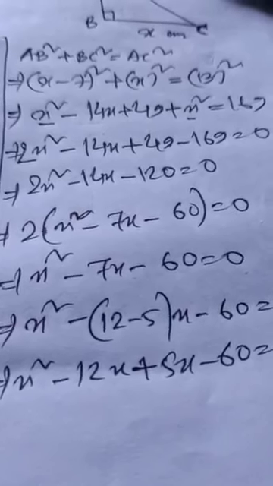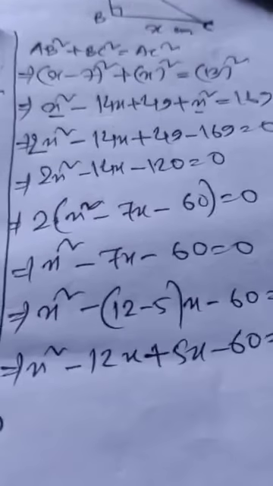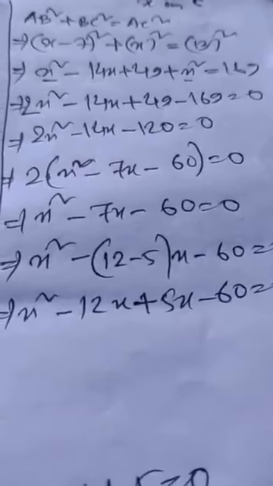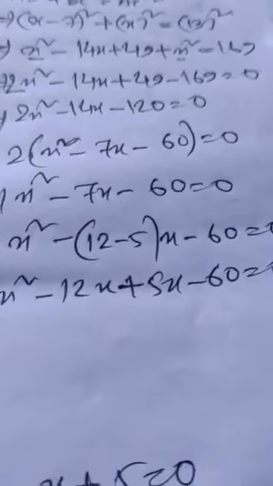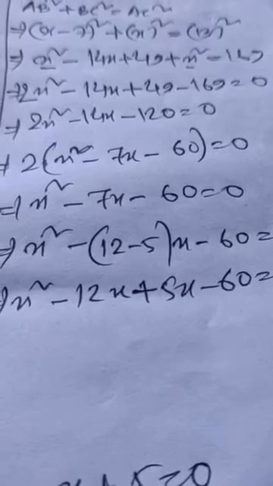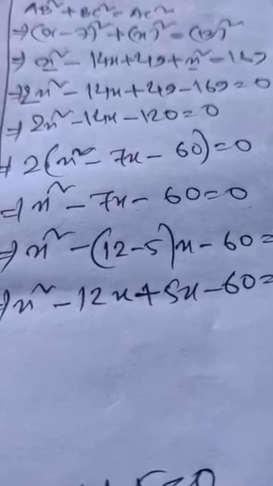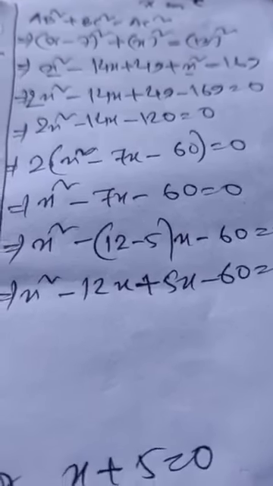2, 14, 120. You see all these terms are even, so they are definitely divisible by 2, so you can take 2 common, then this comes out like this. Then x square minus 7x minus 60 equal to 0, and then x square minus 12x plus 5x minus 60 equal to 0.